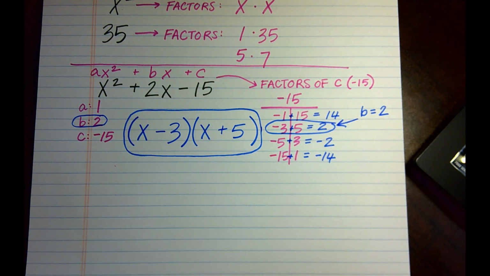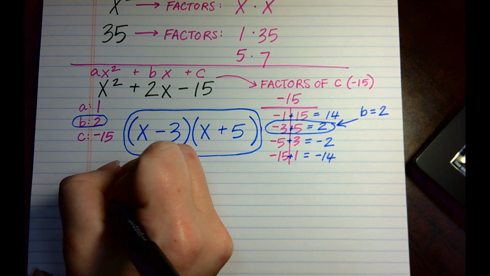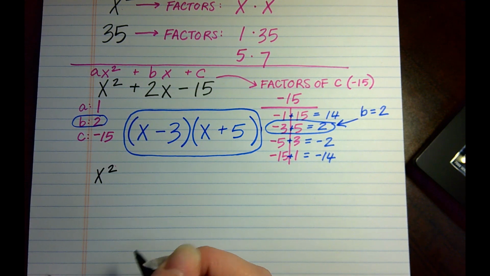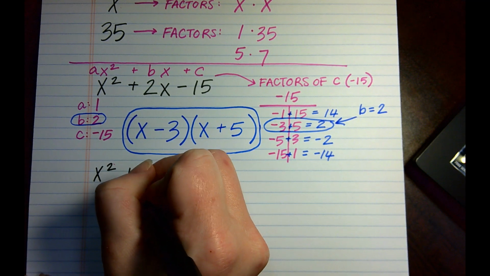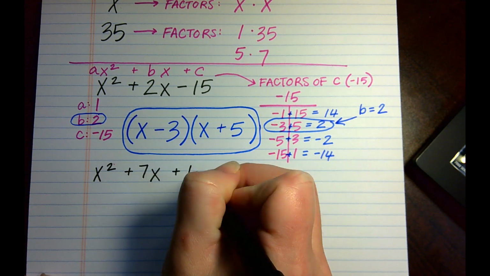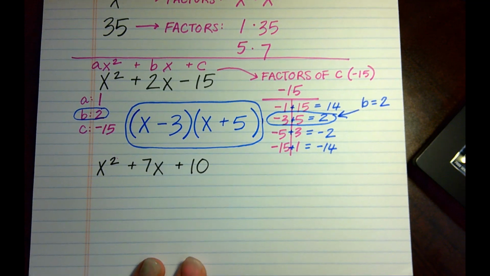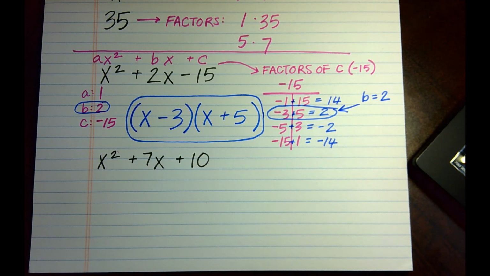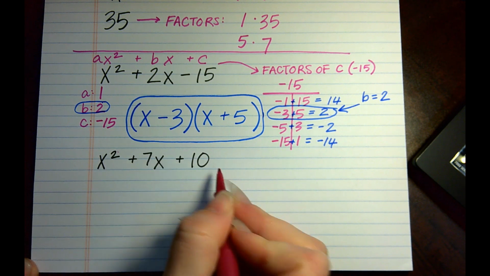Okay. Let's do x squared plus 7x plus 10. Now, once you have this written out, remember the first step is to identify our values for A, B, and C. So that's fairly simple.